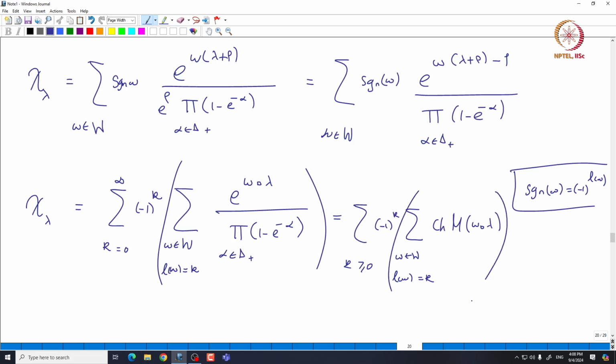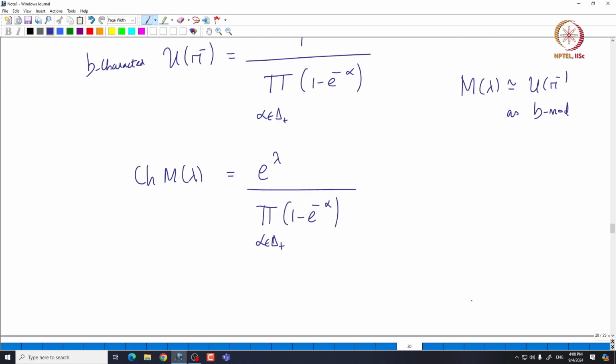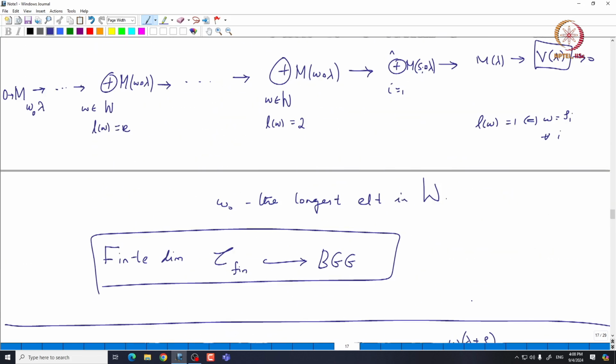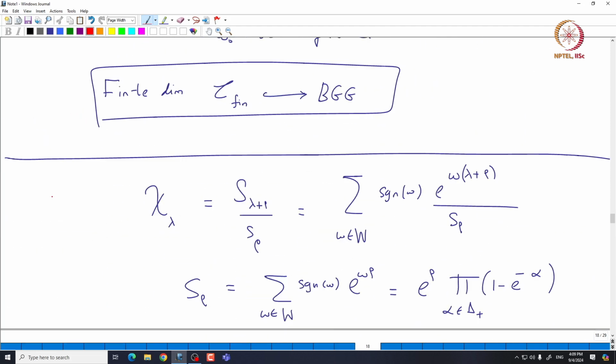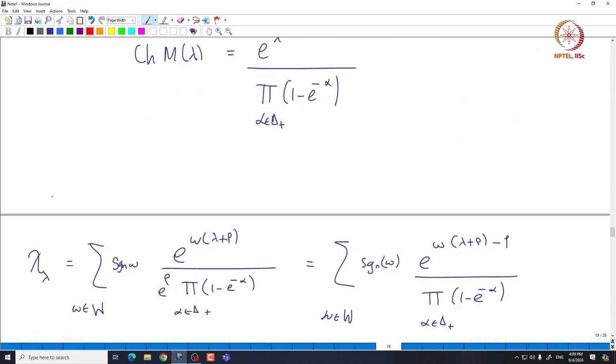But if you think about it, that is the sum that we have in the BGG resolution. This is the term in the BGG resolution that has the character exactly the summation of the character of M of w dot lambda, w in W with length of w equal to k. Now, since this is an exact sequence, the character of V lambda can be written as an alternating sum of these things, and that alternating sum is exactly given by this sign minus 1 power k.